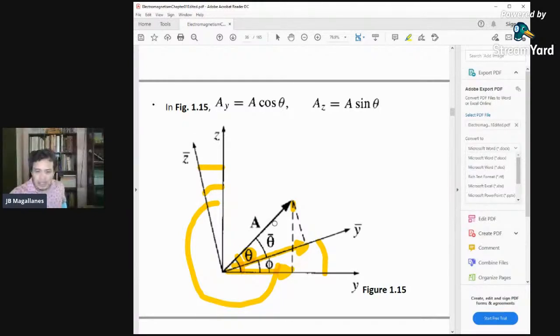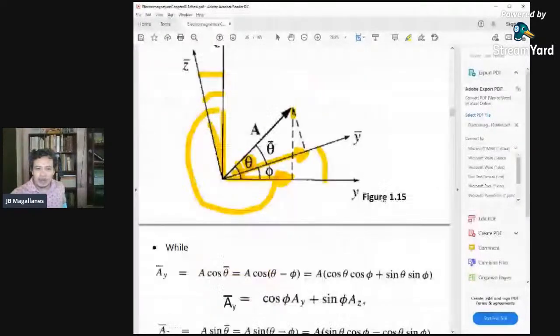And for the Z, the original component would be AZ, but AZ here would be here only. So there is a new component. The original component would be AY, A cosine theta, and AZ would be A sine theta.